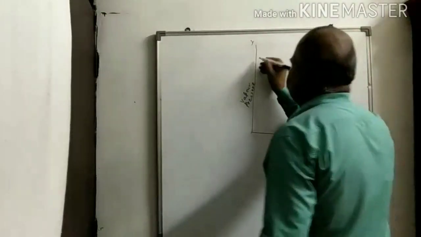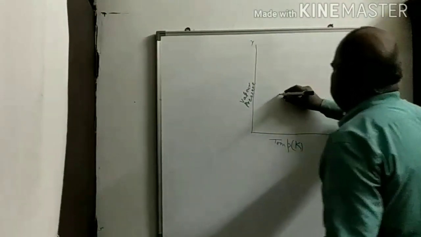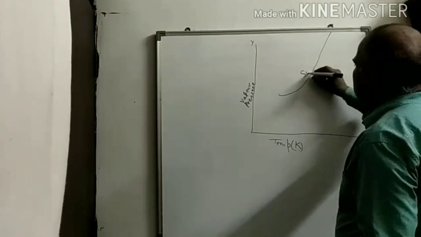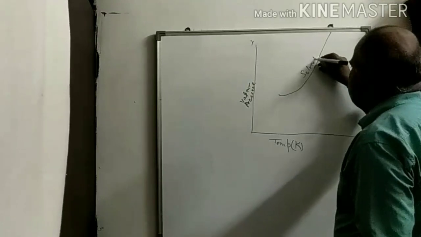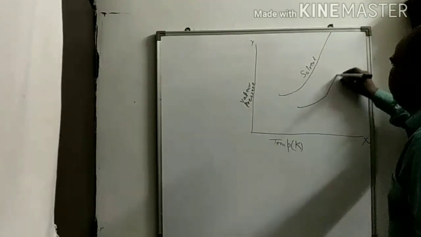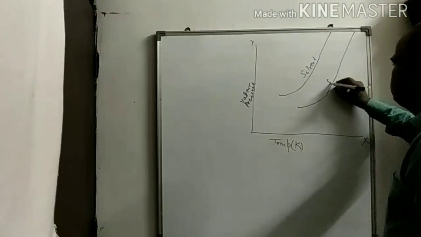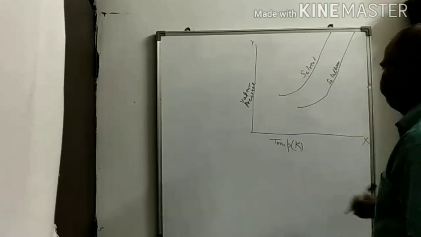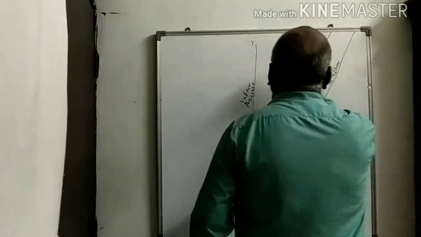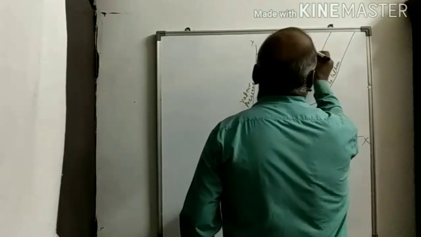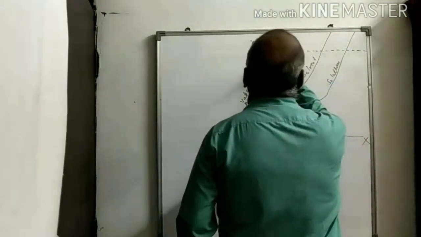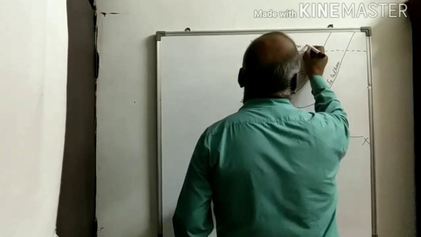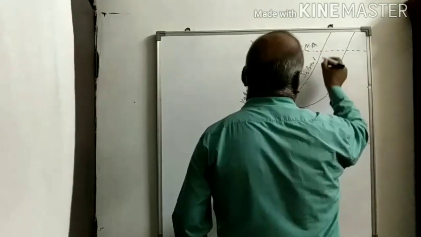The curve shown is the solvent, and the next curve is the solution. Consider this is the reading of 1 atmospheric vapor pressure.